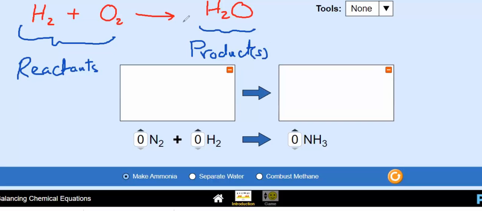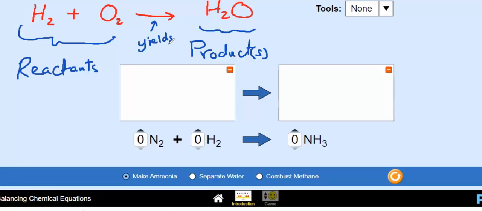Okay. And this arrow here stands for yields. So this is a chemical equation that represents a chemical reaction. It tells you that hydrogen, H2, will react with oxygen, O2, and this will yield H2O, which is water, dihydrogen oxide, water.